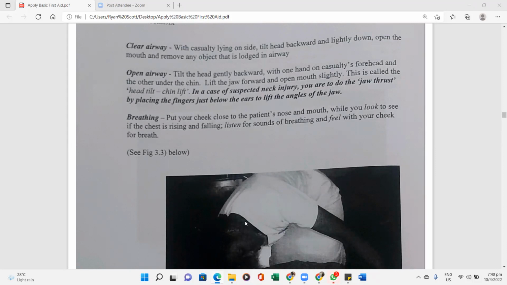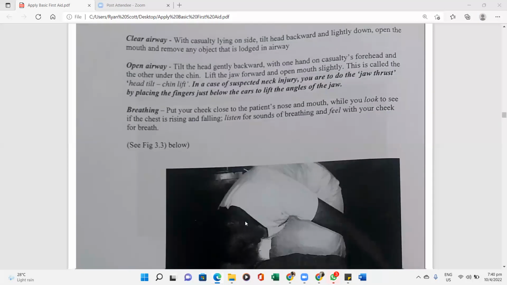To open the airway, you tilt the head gently back with one hand on the casualty's forehead and the other under the chin. You lift the jaw forward and open the mouth slightly. This is called head tilt and chin lift. Okay?